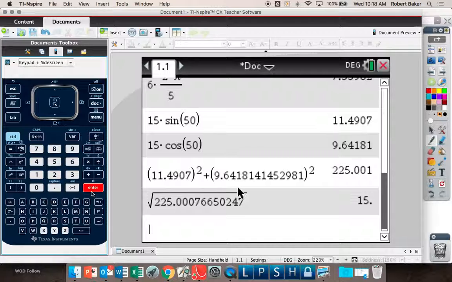So a squared plus b squared equals c squared now. I think that's awesome.